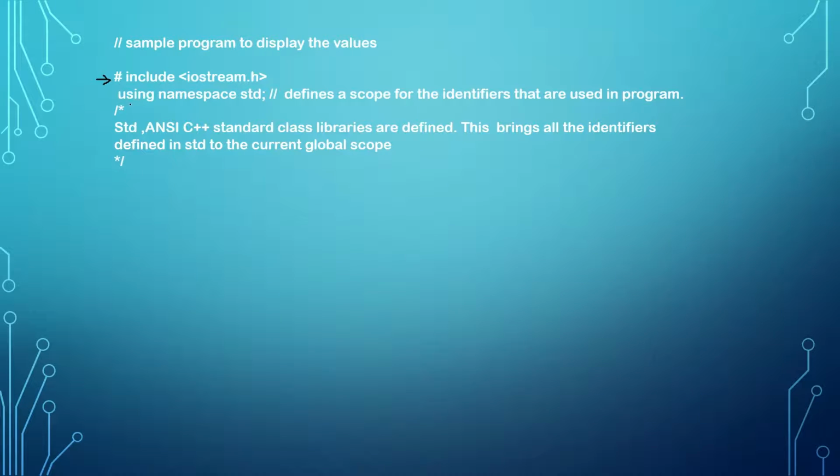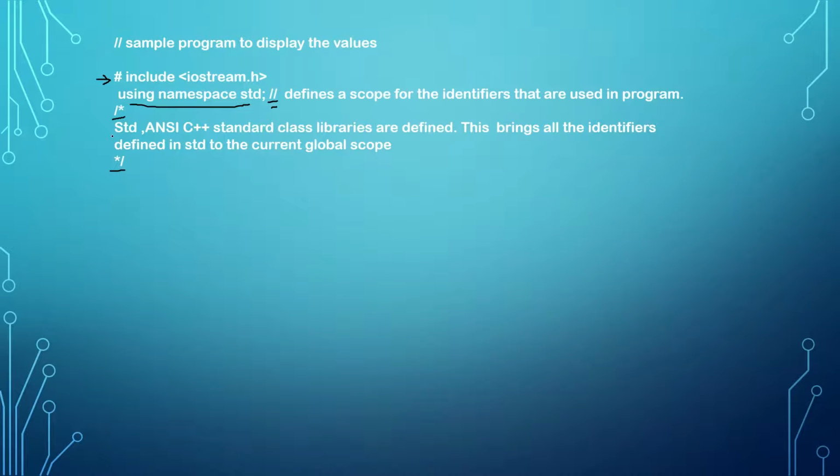Next, using namespace std, that is, we define the scope of identifiers used in our program. Here we use double slash for a single line comment, and for a multi-line comment we use slash star. So these are the header files.